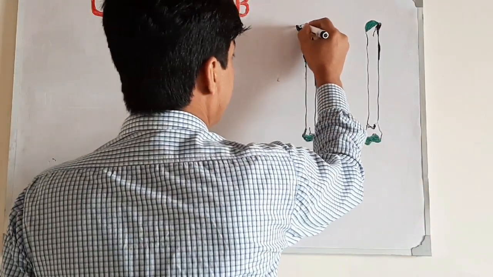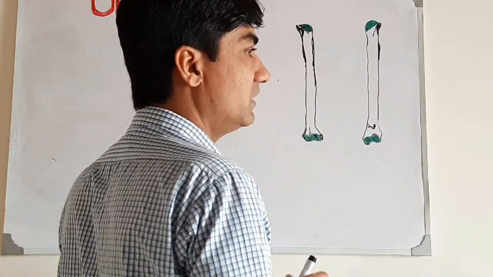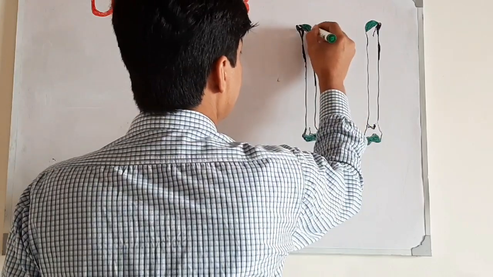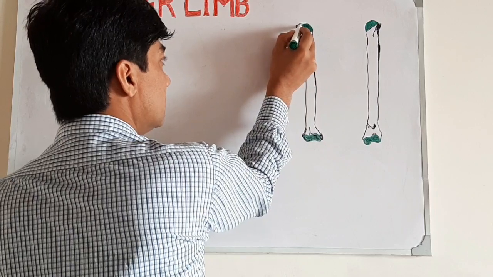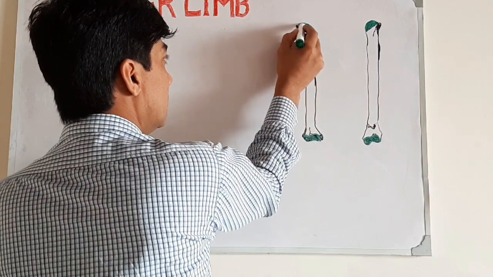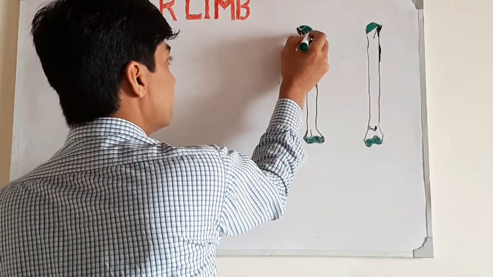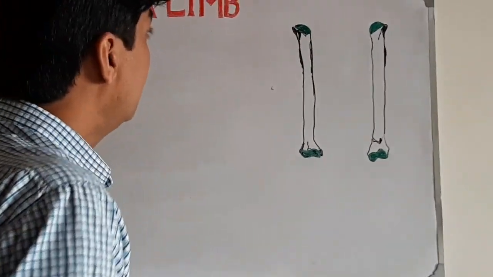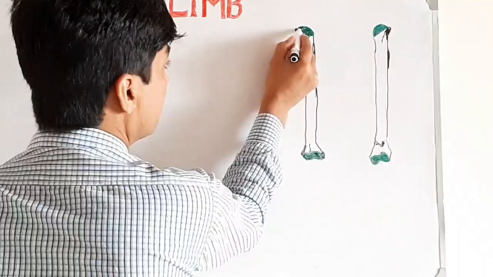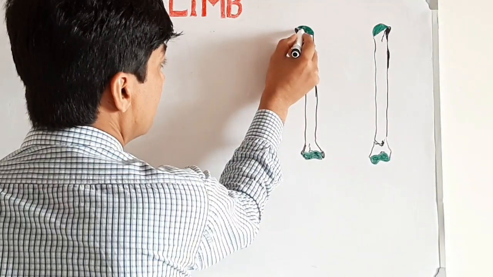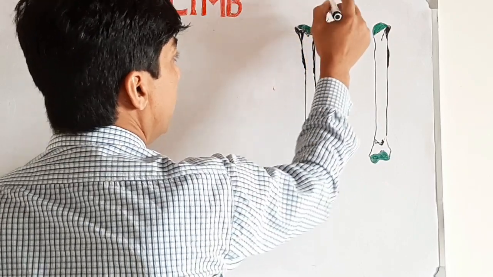This hemispherical head articulates with cartilage, has a smooth surface, and is bordered by a groove. Here is the groove. That groove is called the anatomical neck.